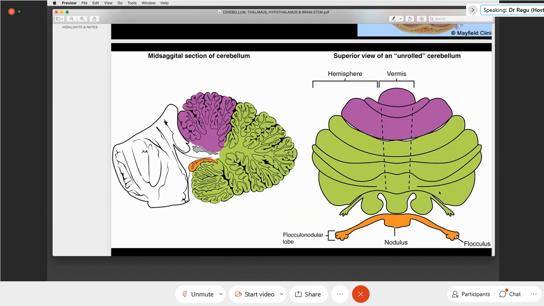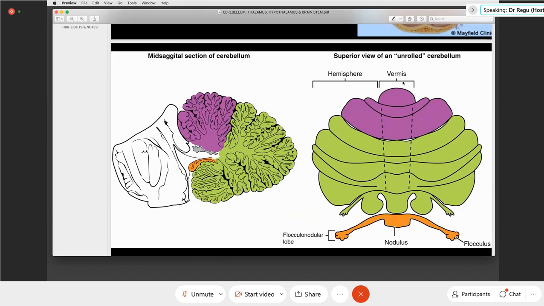So remember, the cerebellum can be divided into an anterior lobe, a posterior lobe, and a floccular nodular lobe. At the same time, these lobes also have further differentiation in the sense that the midline area, the center area, is known as the cerebellar vermis, and the lateral half of the cerebellum is known as the hemisphere.